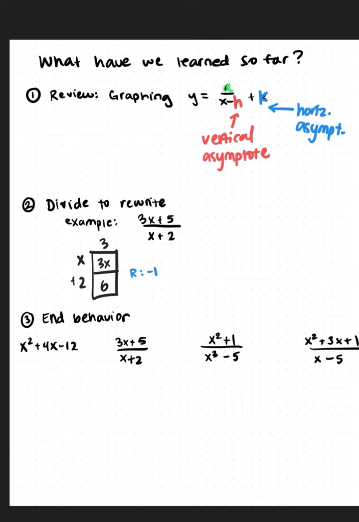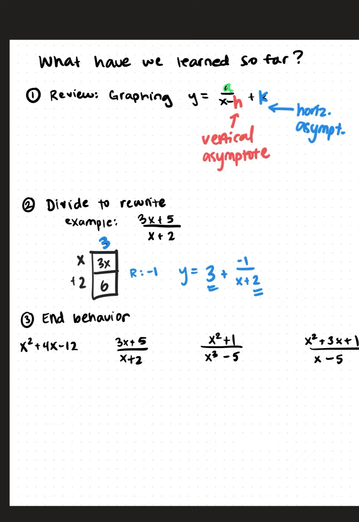So your new rewritten expression would be y equals 3 plus, and then your remainder of -1 divided by the original denominator of x plus 2. Once it's in this form, you more clearly see that the horizontal asymptote will be at 3 and the vertical asymptote will be at -2.